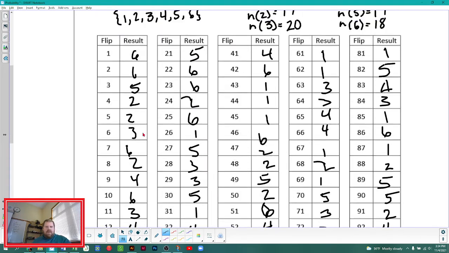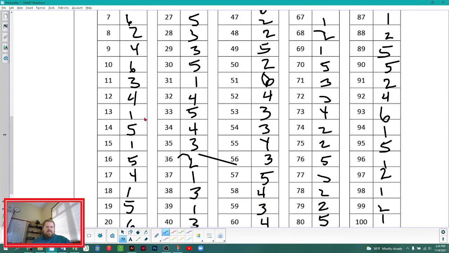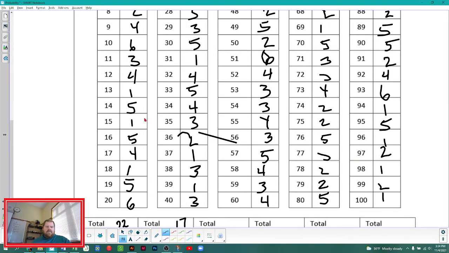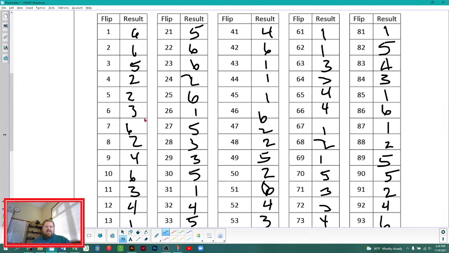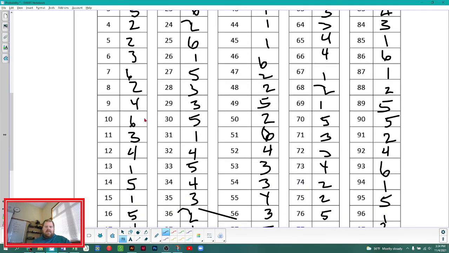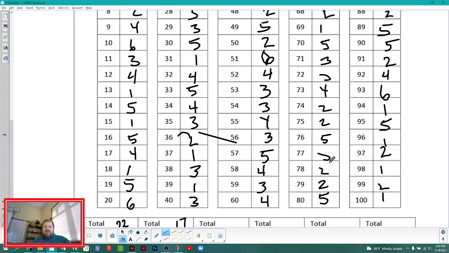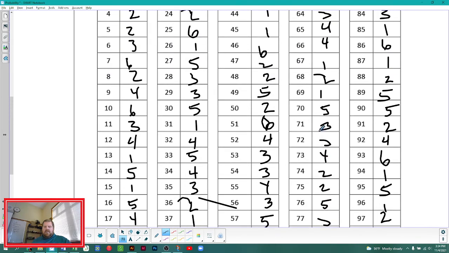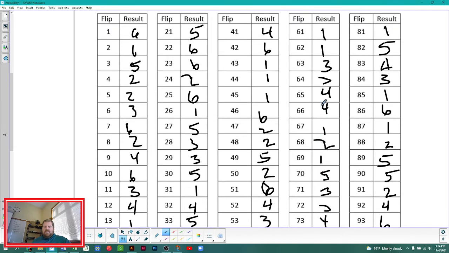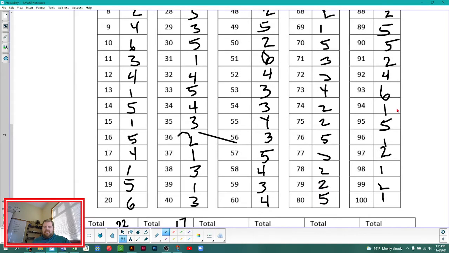For my threes, 1, 2, 3, 4, 5, 6, 7, 8, 9, 10, 11, 12, 13, 14, 15, 16. 16 threes.